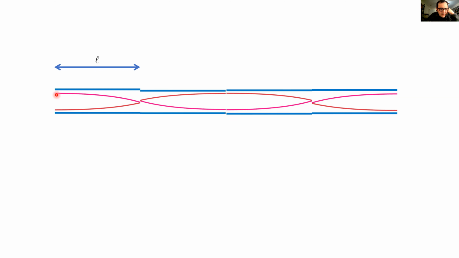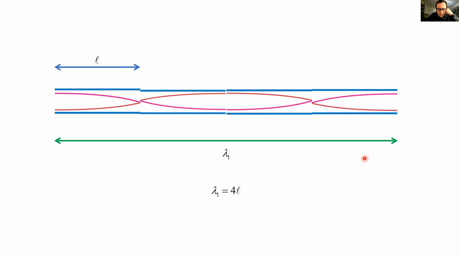See, the magenta starts high, goes low, and then goes back up high. So I need to make 3 extra copies because the wavelength is 4 times the length of the pipe. Right? When you look at the actual pipe itself, we only see 1/4 of the wavelength. And sorry that I couldn't get these things to align quite right.